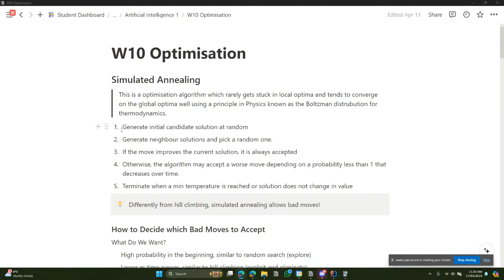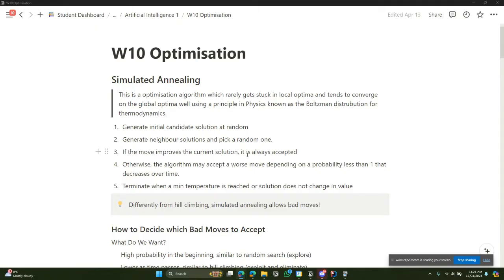The first step is to generate an initial candidate solution, aka initialization, which you would have specified by the algorithm operator anyway. Then you generate neighbor solutions for this initial solution, which you would have specified by the neighborhood operator. Then if the move improves the current solution, it's always accepted. No questions asked.